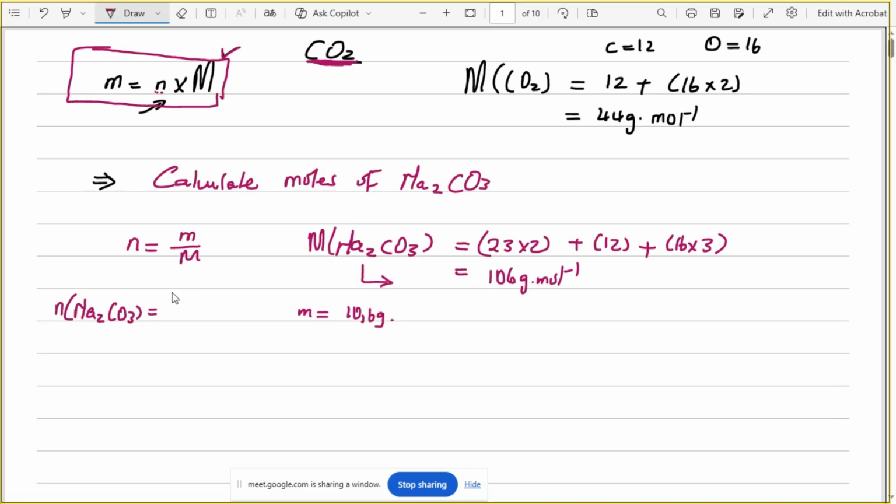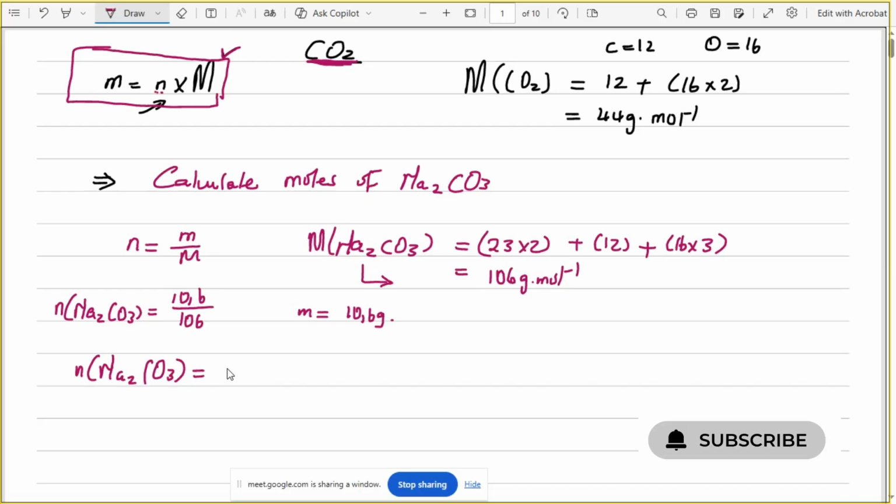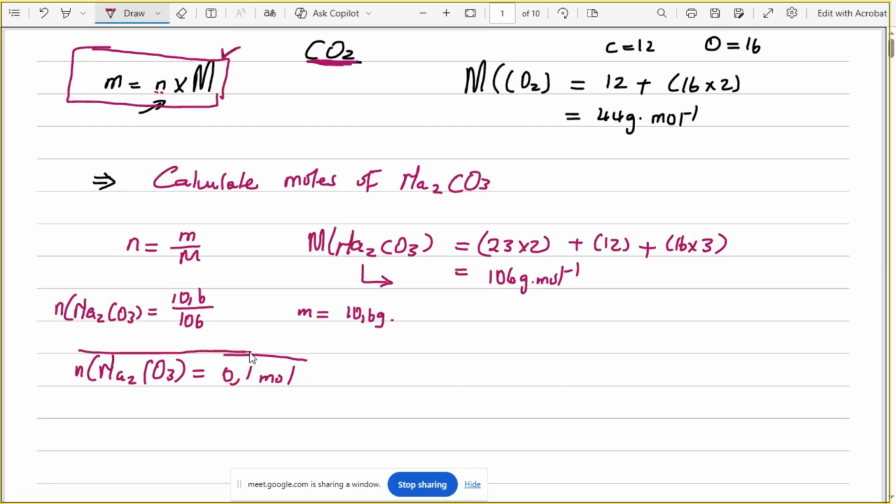It will be the small mass, which is 10.6, over the big M, which is the molar mass, 106. Therefore, what is the number of moles equal to? What is 10.6 divided by 106? 1/10, and in decimal form, 0.1. Yeah.